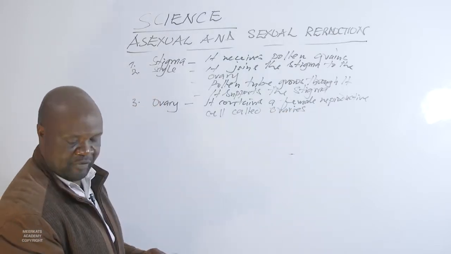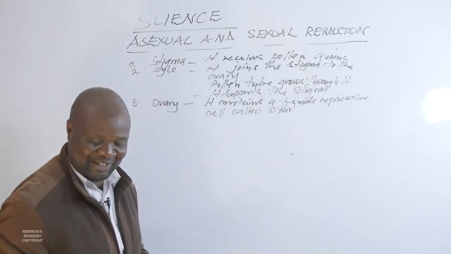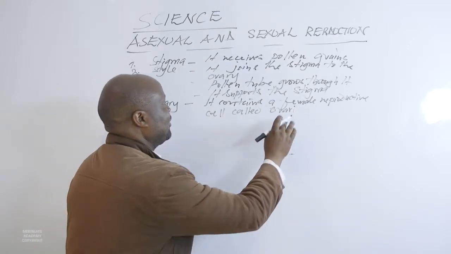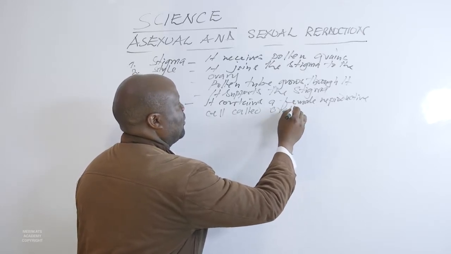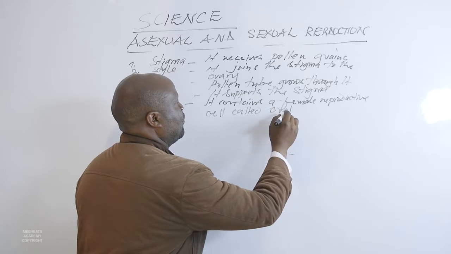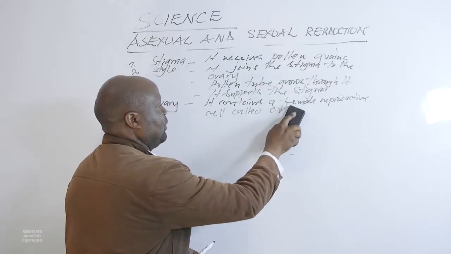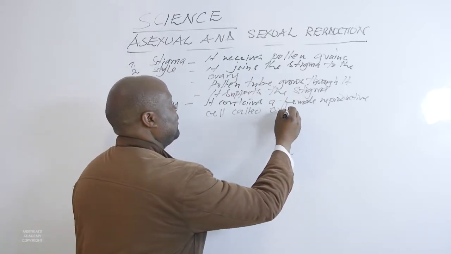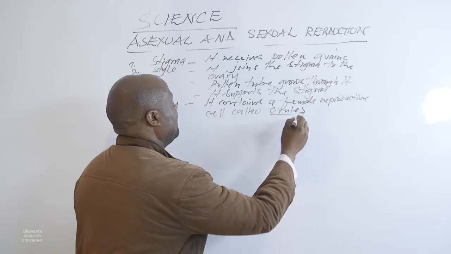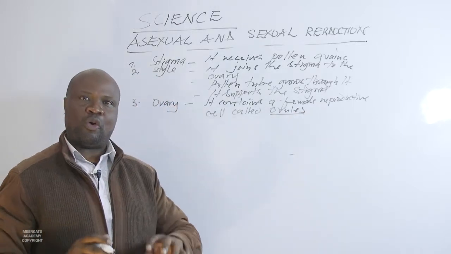These ovules are very important. The ovules are contained in the ovaries. So the ovary contains female reproductive cells called ovules.